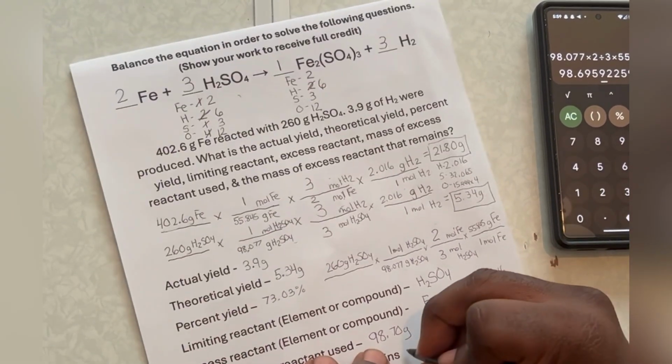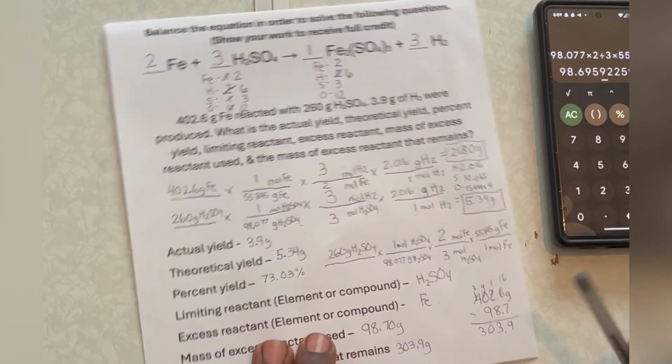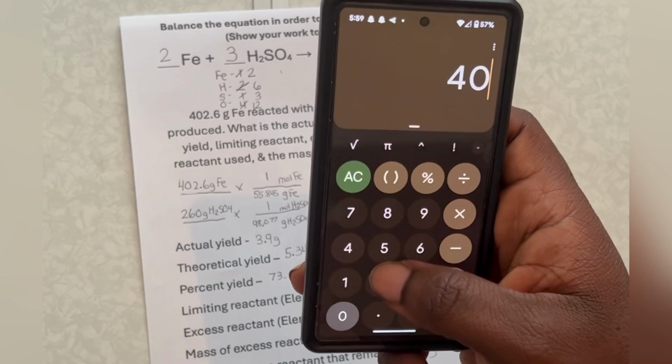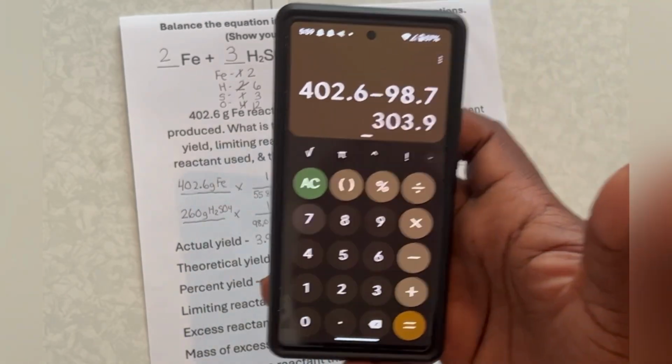So 303.9 grams is how much that remains. Let's check my math real quick. 402.6 minus 98.7. Yep, 303.9.